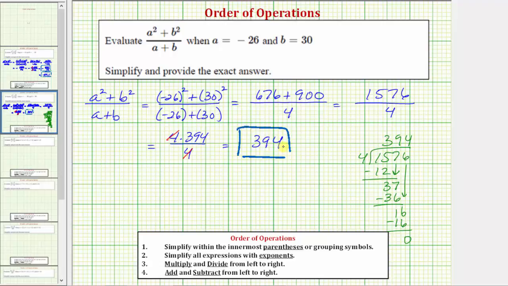Let's also check this on the graphing calculator. To do this, we'll enter this expression here, but we do need a set of parentheses around the numerator and denominator.